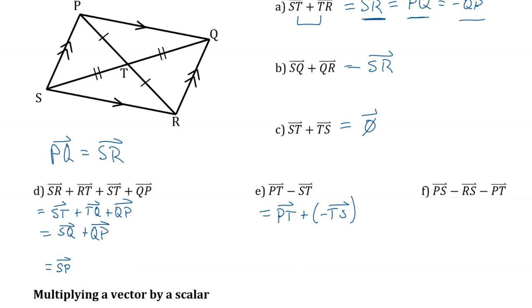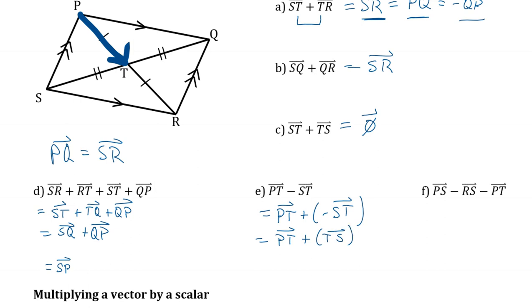So I am going from PT. So P to T. And then I am adding negative ST, which means I turn this into adding TS.